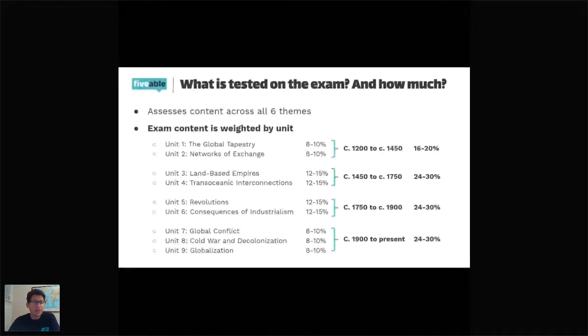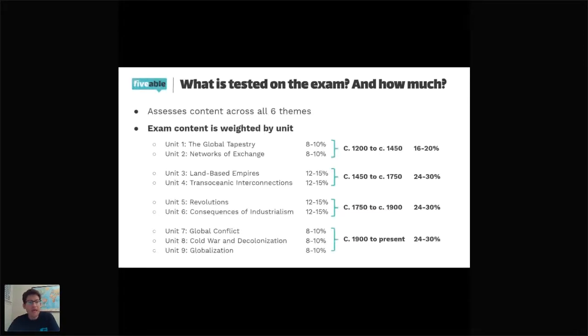And then 1900 to present, same thing, 20 to 30%. Although that last time period of 1900 to present is split into 3 units, each 8 to 10% of the exam. When you're studying, this is something that I think is helpful to know, so that you can adjust as needed.